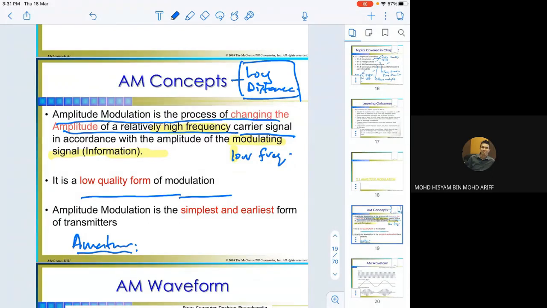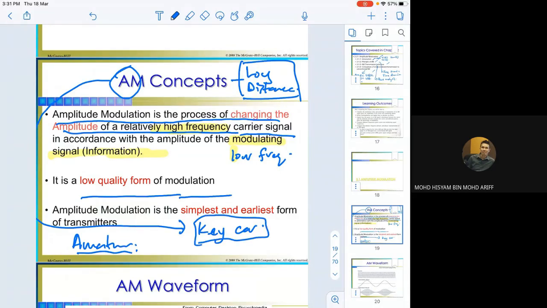And right now, the AM concept is also applied in your car key card, the one you use to open your car door.